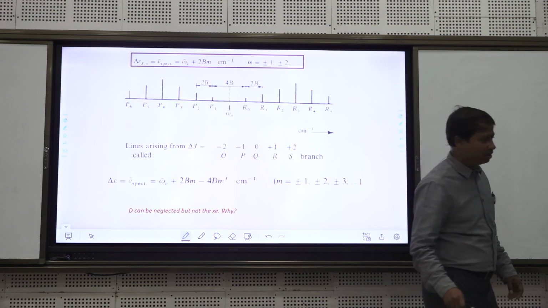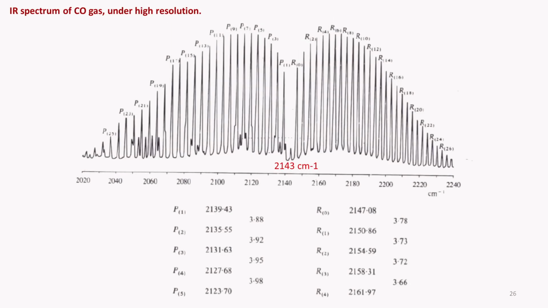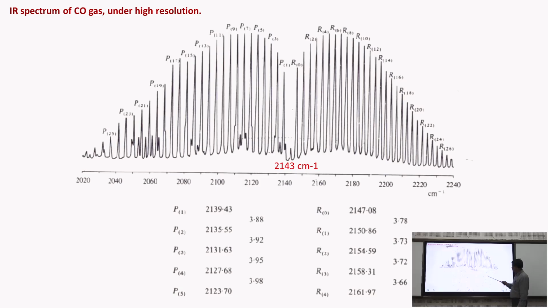We are happy that we could explain so many lines. But again, if you do analysis of the same molecule under high resolution spectroscopy and then see the data, see the data for P1, P2, P3, P4.